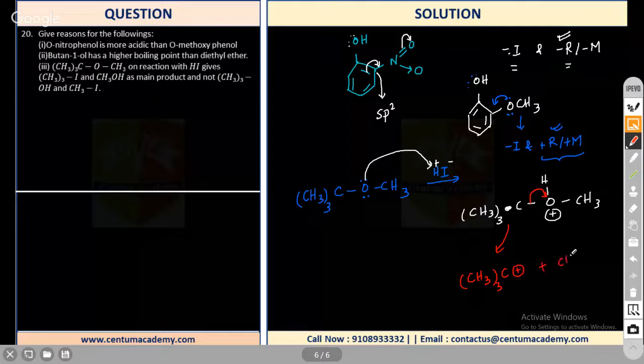Or the other possibility is that this bond pair comes over here and we get a methyl carbocation. Which carbocation is more dominating? Obviously, the tertiary carbocation. So this reaction takes place, which takes I minus and forms this product.